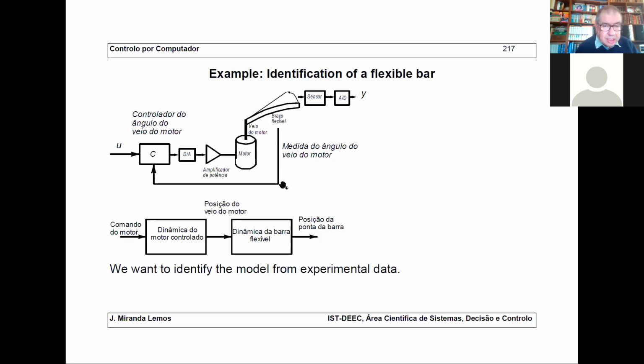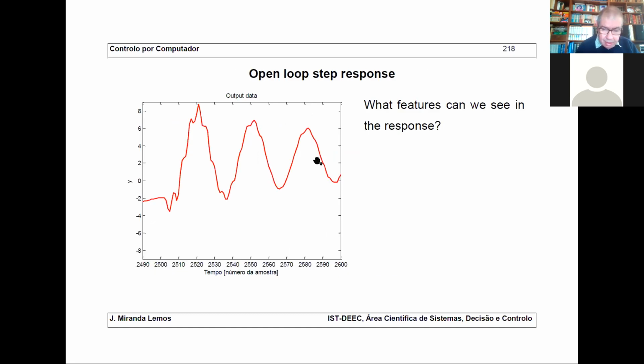Here, since I have this inner feedback, the motor together with this controller becomes itself a system, probably two real poles or one real pole. And then we have the dynamics of the flexible bar, such as you have.